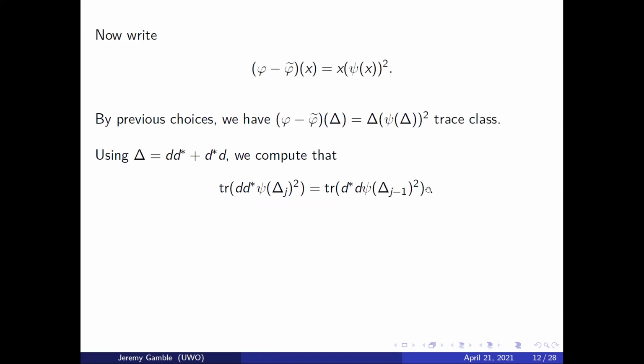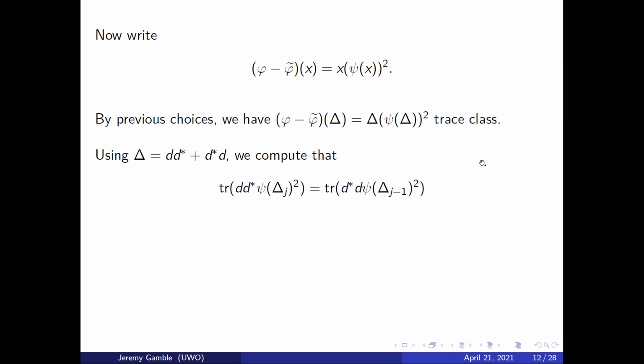Now, this equality comes from using the cyclicity of trace when the operators inside the trace are both trace class, and also using the fact that both d and d star commute with the Laplacian, therefore they commute with any function of the Laplacian.